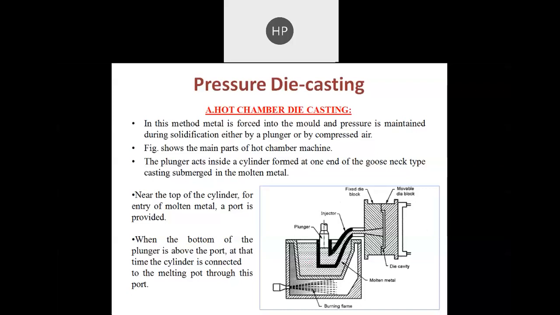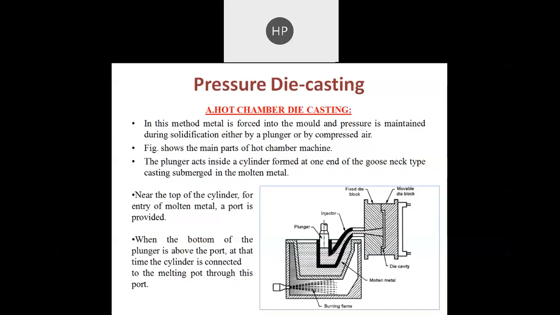Now that liquid goes inside this gooseneck or this plunger cylinder, and by using this plunger the molten metal is pushed, and then through the gooseneck it goes inside this die cavity.